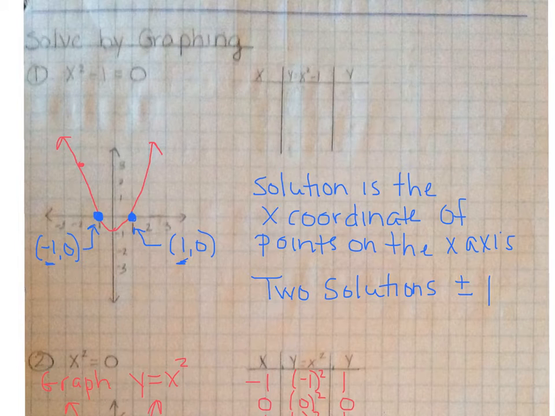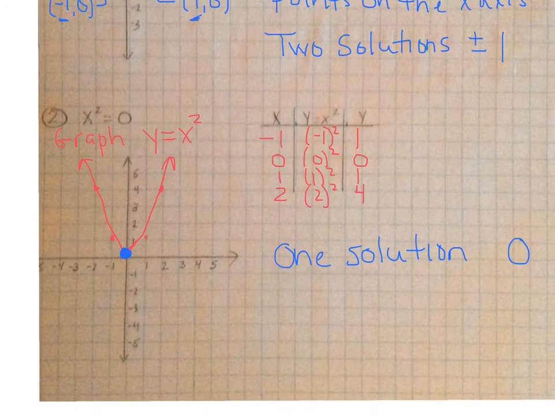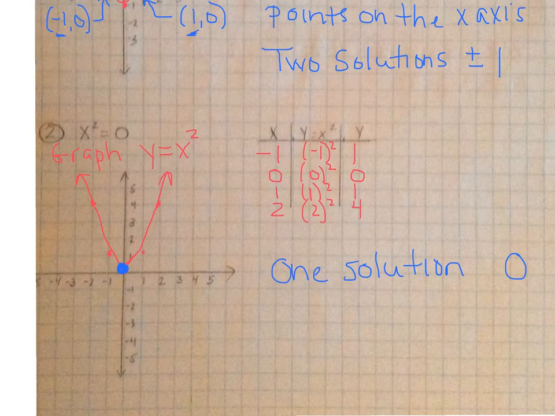It crossed through the x-axis at two different places, and I just want you to notice that the vertex was below the x-axis and it opened upward. So since the vertex was below the x-axis and it opened upward, it would have to have two solutions. When we look at the second example, the vertex was at the origin. So it would only have one solution because it's not actually going to cross through the x-axis.